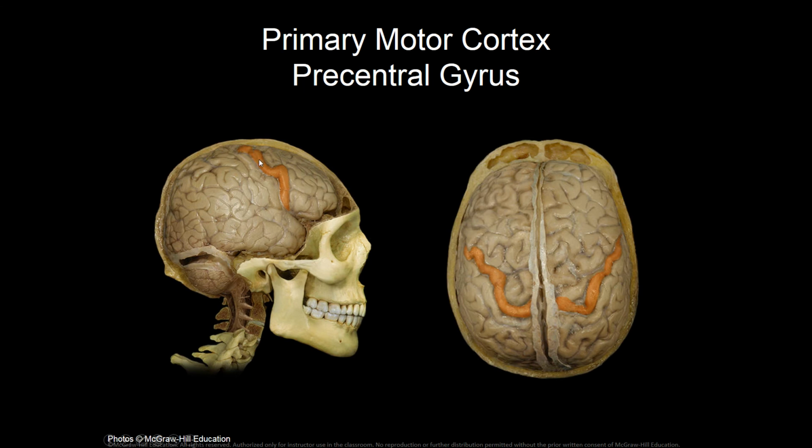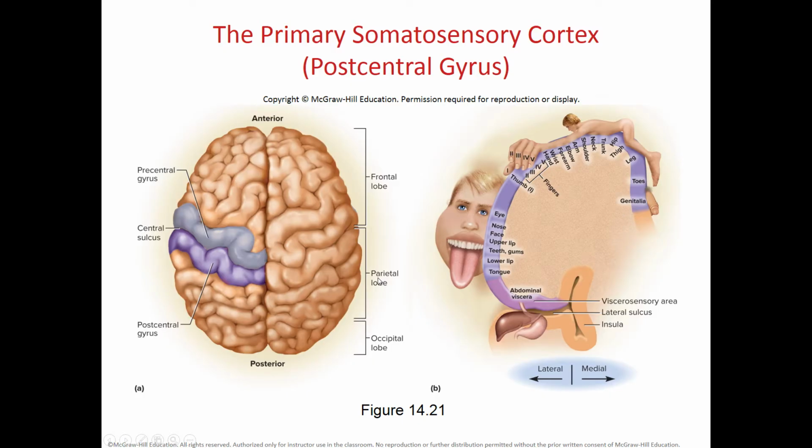So again, within this primary motor cortex, we generate electric signals or action potentials that will control skeletal muscle movement. This is the area anterior to the central sulcus, the precentral gyrus.